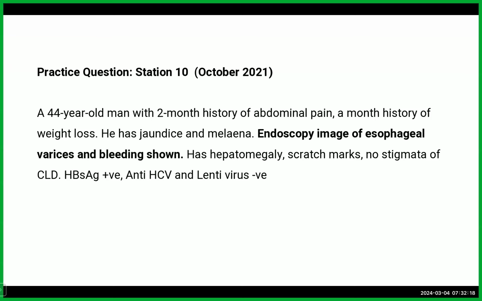Well, depending on what the picture says, you can grade it using the Paquet classification, whether grade 1, grade 2, grade 3, or grade 4. So the picture would have given us a better, complete diagnosis.